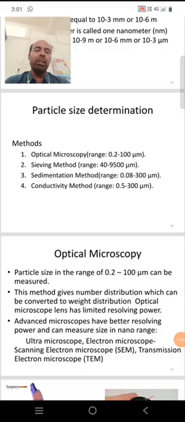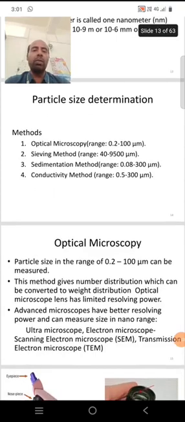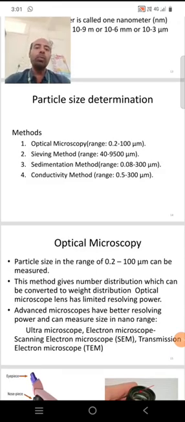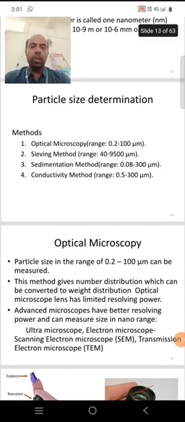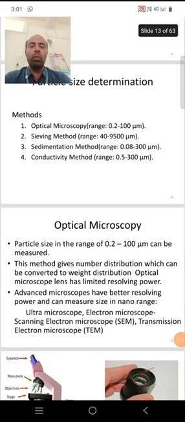In the sieving method, the range of particle size is 40 to 9500 micron. In the sedimentation method, the range of particle size is 0.08 to 300 micron. In the conductivity method, the range is 0.5 to 300 micron.